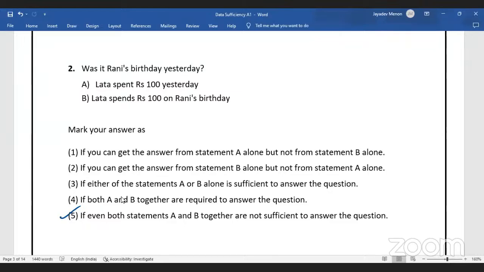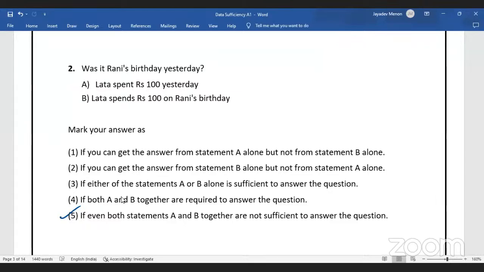And if you are using both the statements together, as per statement A, Leda spent 100 rupees yesterday, and as per statement B, Leda spends 100 rupees on Rani's birthday. So we may be thinking that by using both statements together, we can say that yesterday was Rani's birthday. But here, one problem is there, because if you look at the statements given, nowhere it is mentioned that Leda will spend 100 rupees only for Rani's birthday.